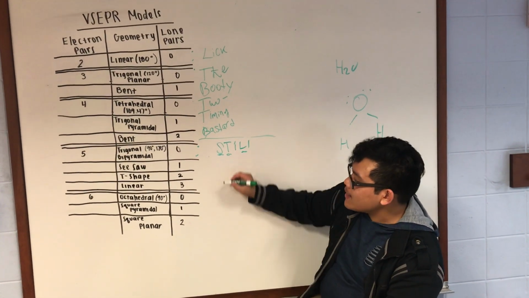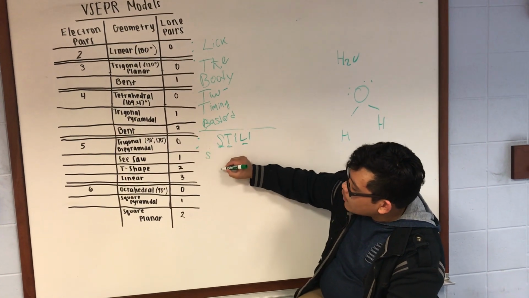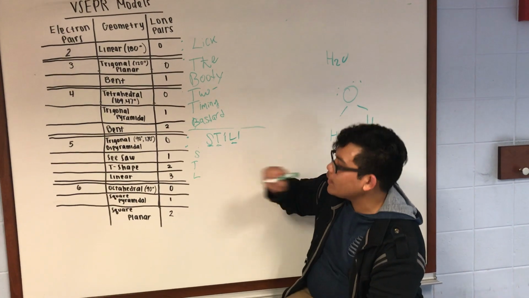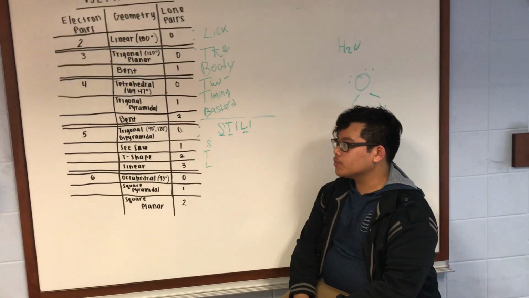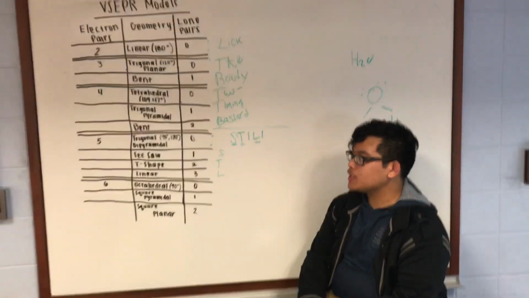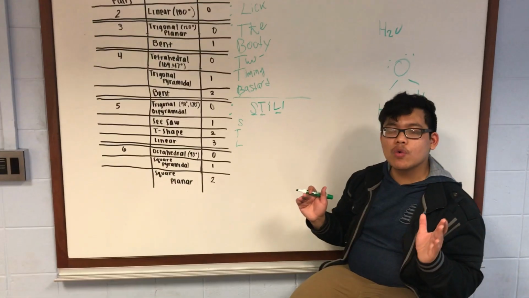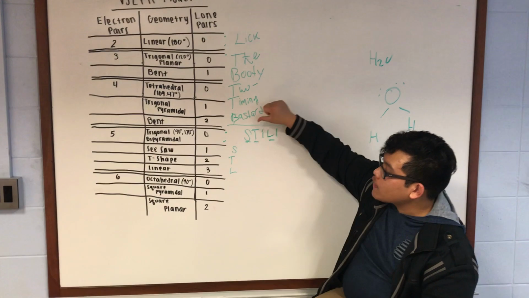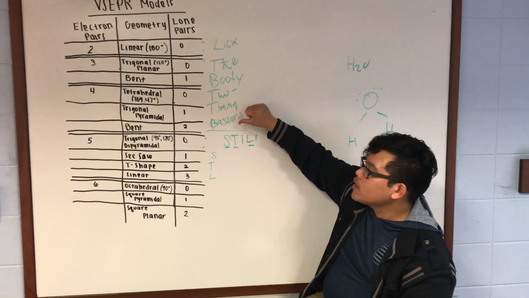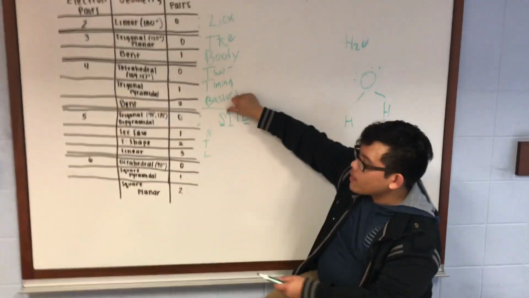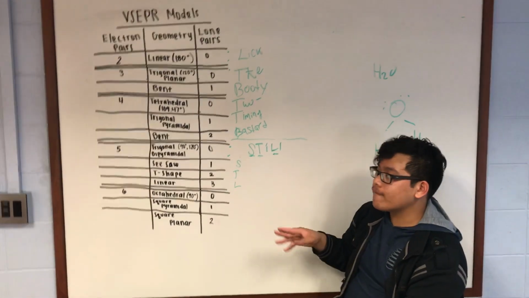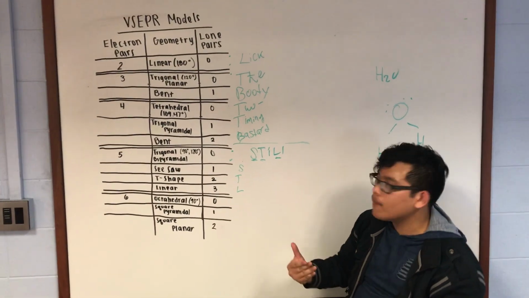S for seesaw, T for T-shape, L for linear. So if you have a trigonal bipyramidal with two lone pairs, just write the word still. The first term is 1 lone pair, the second term is 2 lone pairs, and the third term is 3 lone pairs. And like I said, the picture I drew has 2 lone pairs.